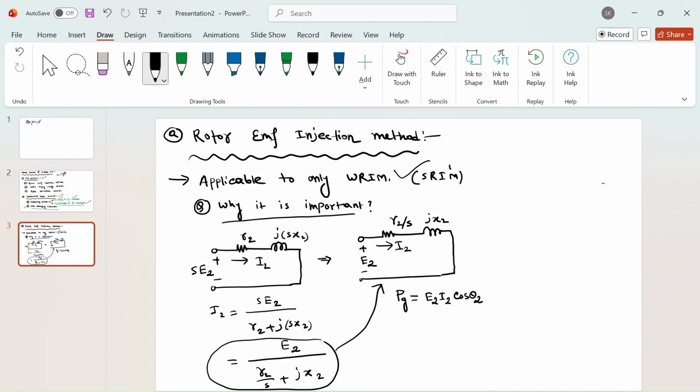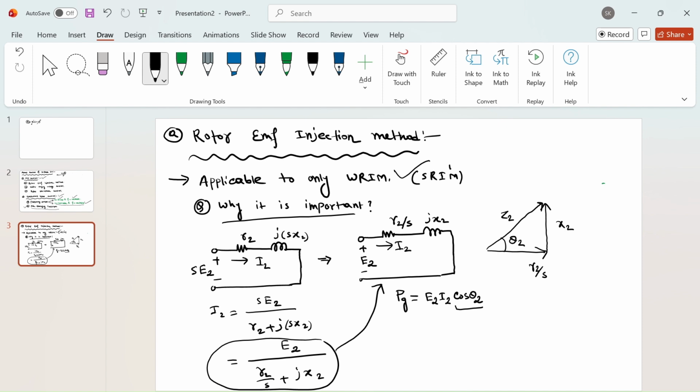This is the active power, you can say. And if you want to calculate the power factor, for power factor calculation you have to draw the impedance triangle. So let's say this is my R2 by S, this is my X2, and this is my Z2, and this is your theta 2.